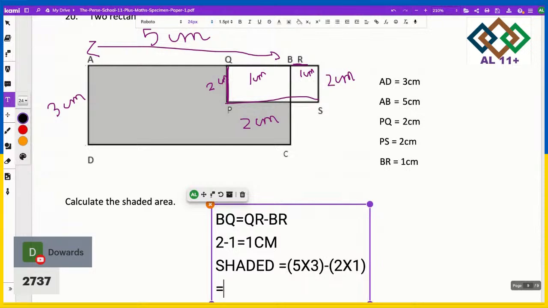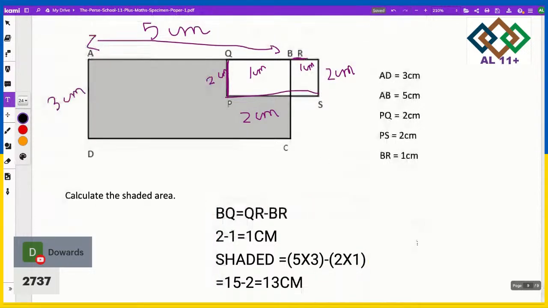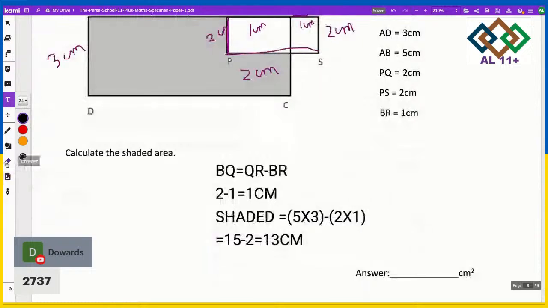That equals 15 minus 2. That gives you guys 13 centimeters squared. So that is how you do it.